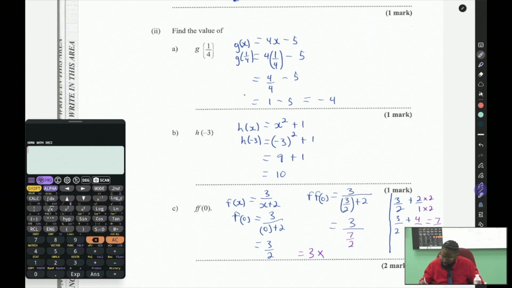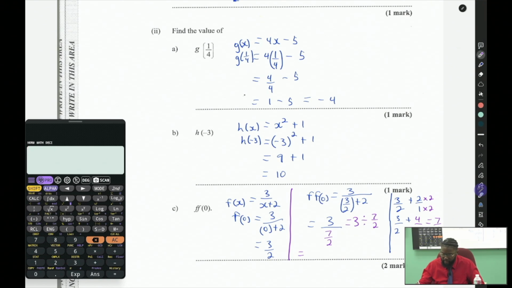We're going to flip. So let me show why we flip. If we were to write this out, we would have 3 divided by 7 over 2. And we're going to use our acronym to help us remember what to do in this case of division of fractions, which is keep the first fraction, change the sign, and flip the second fraction.